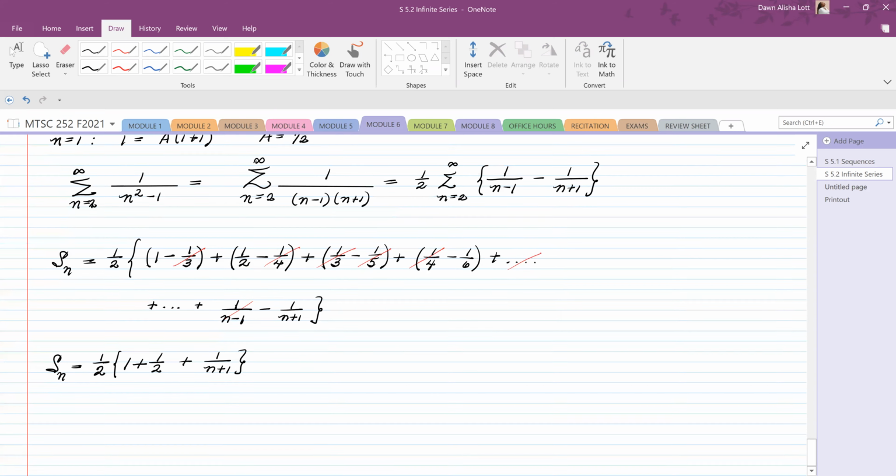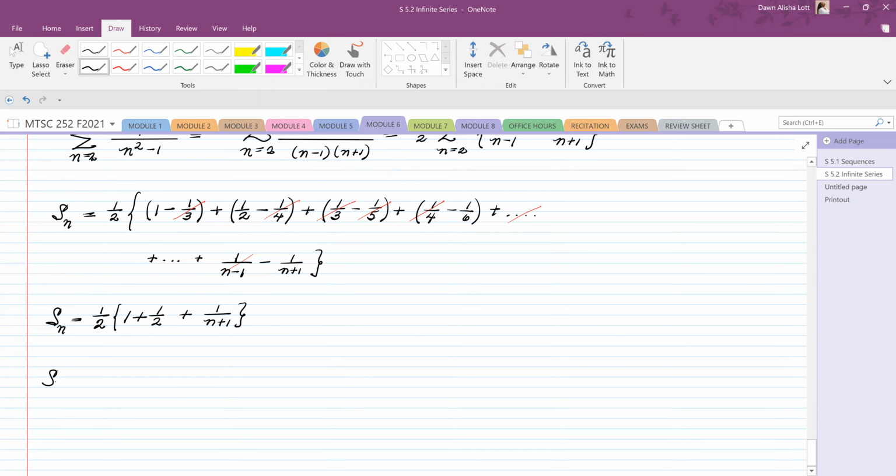Okay. So therefore the sum of the series, which is the sum from n equals 1 to infinity of 1 over n squared minus 1, is the limit as n approaches infinity of the nth partial sum.